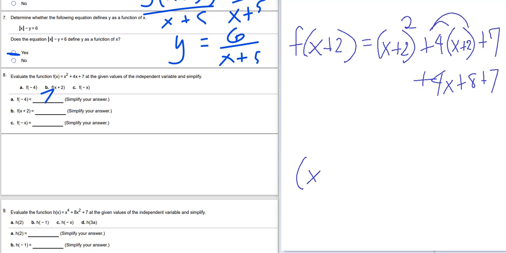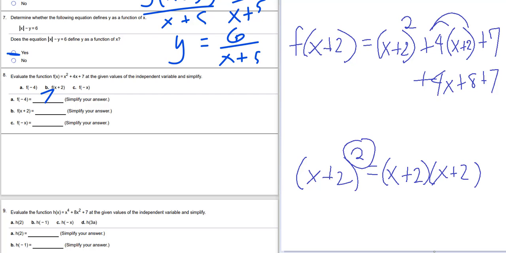Now the x plus 2 with the outside square should tell you that you need this base twice, right? That's what an exponent means. It means take the base, the number of times you see here, and multiply it. Well, by having the parentheses around it, it reminds us we have to use the full rule.